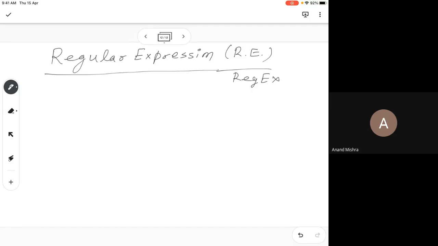Regular expression is a way to represent regular languages, because a regular language can be very complex. Something like ends with double zero and starts with 1. How do you represent such a thing? You need some kind of expression, and these expressions are called regular expressions.